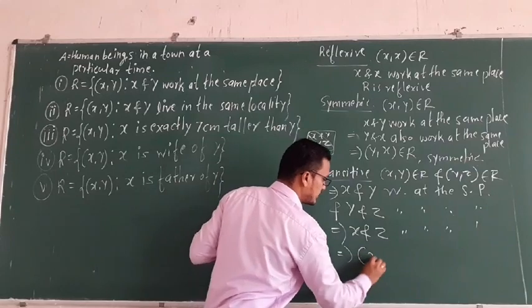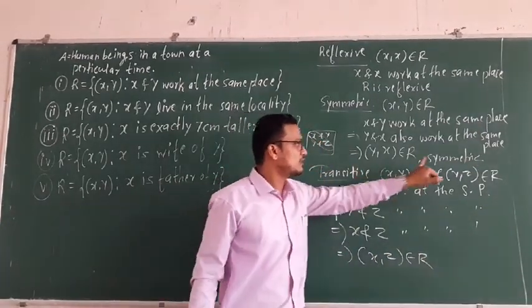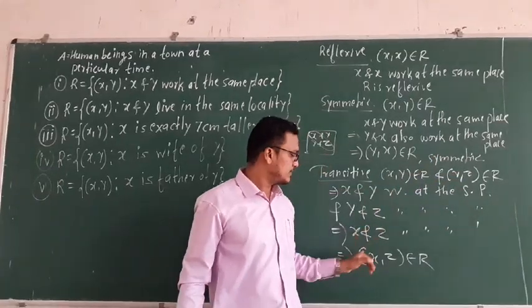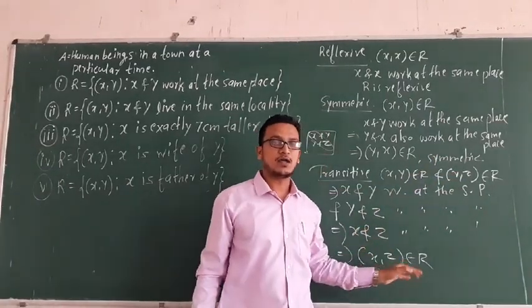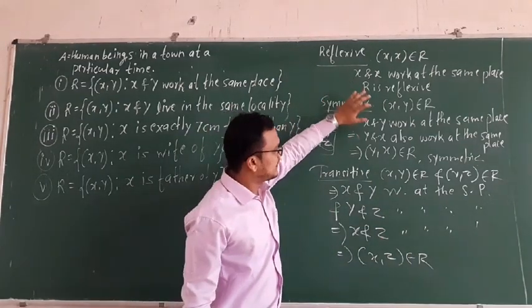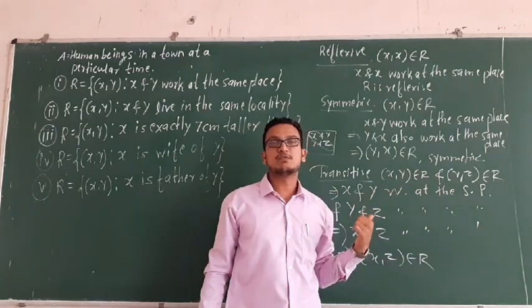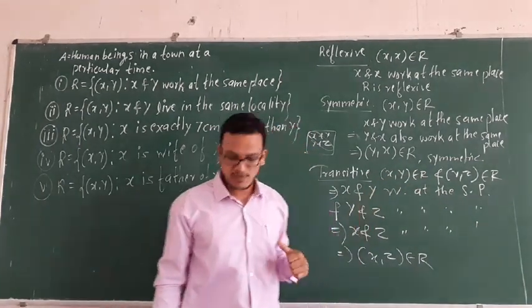This means (x, z) belongs to R. Therefore (x, y) belongs to R and (y, z) belongs to R implies (x, z) belongs to R. Therefore R is transitive. Hence R is reflexive, symmetric and transitive, so the given relation is an equivalence relation.